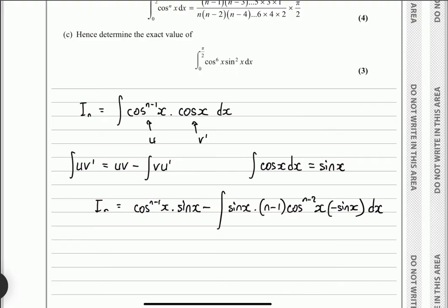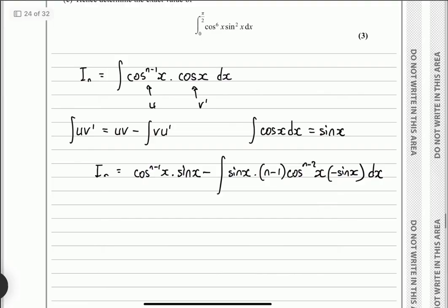We're going to have a sine times a sine, that will be a sine squared. We can change that back into a 1 minus cos squared, and that will interact with the cos to the power n minus 2 in a good way. So I'm not put off, even though it didn't quite go how I was expecting when I started. So this is changed to a plus with that minus there. Sine squared x.